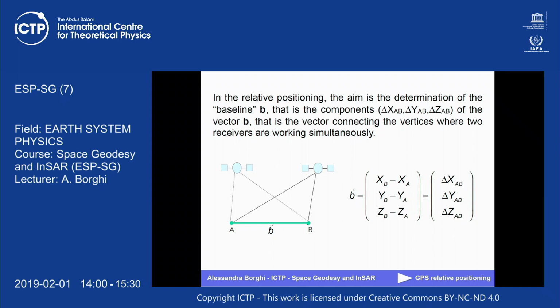So we are going to build the baseline, the vector connecting the 2 points. That means that the components of this vector will be the difference between the coordinates. We are going to see that what we obtain from the GPS data analysis is this quantity. And afterwards we are going to see how from the components of the baseline we can obtain the coordinates.